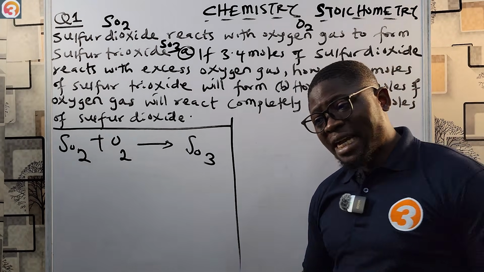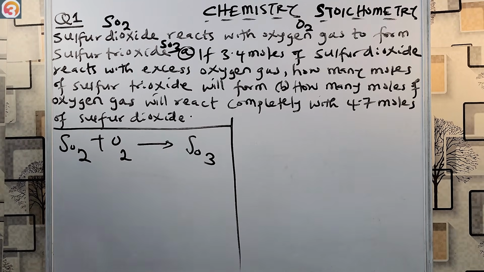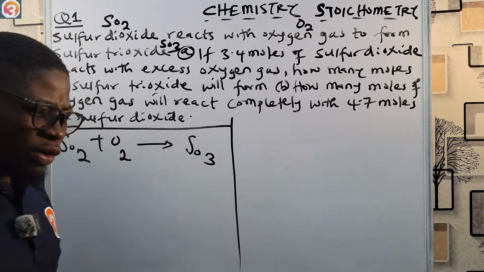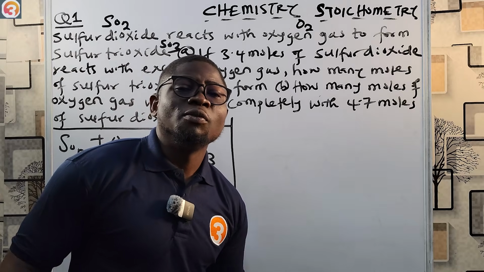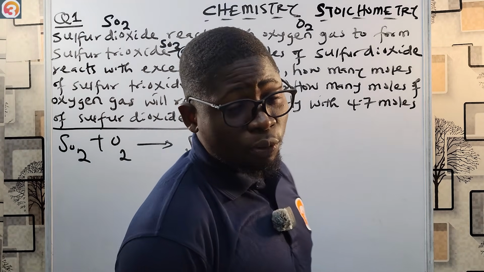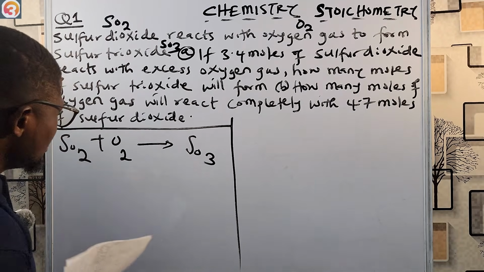This left-hand side is the reactant side, while this right-hand side is the product side. The number of atoms of each element must be the same in the reactant and the product before we say a chemical equation is balanced. So we must first balance this equation. Now, how do we do that? There's sulfur here.